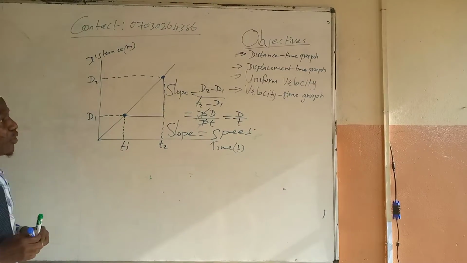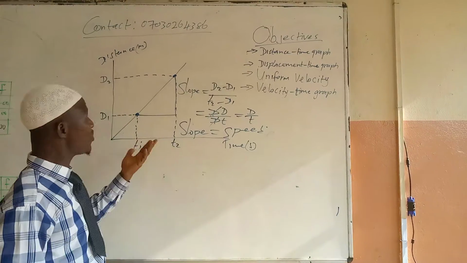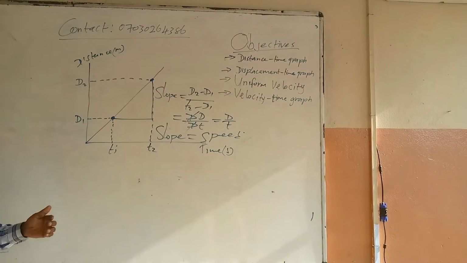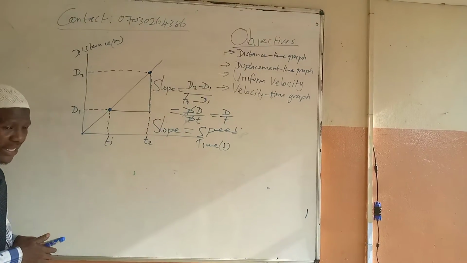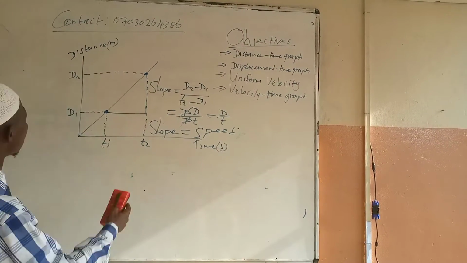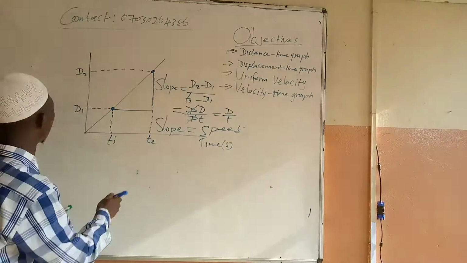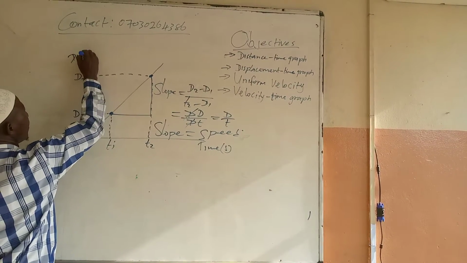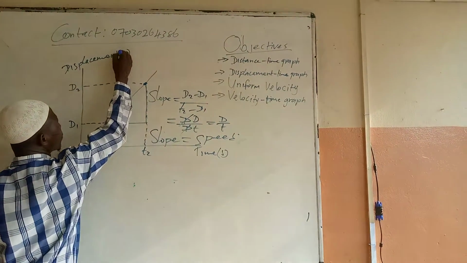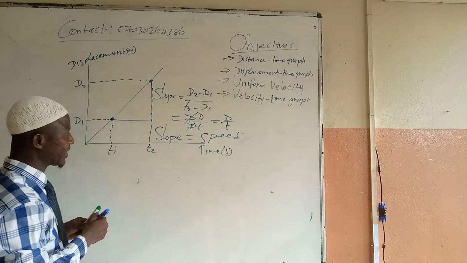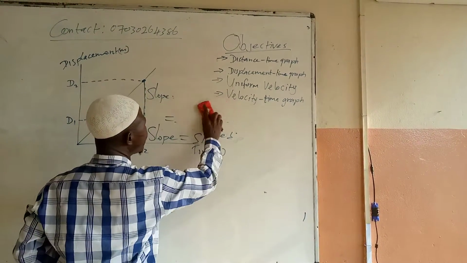Now, let's move to the next topic, which is the displacement time graph. When you are asked to define it, it's the graph of displacement against time. So in that case, our vertical axis will be replaced with displacement. We have displacement here in meter as well, while time will still remain the same. Then we are going to have change in displacement.